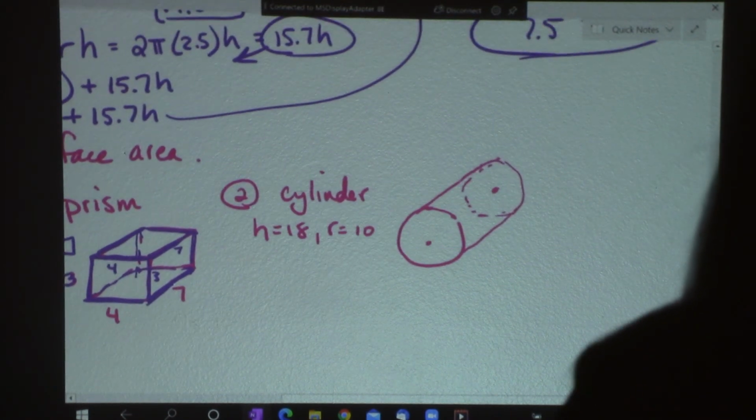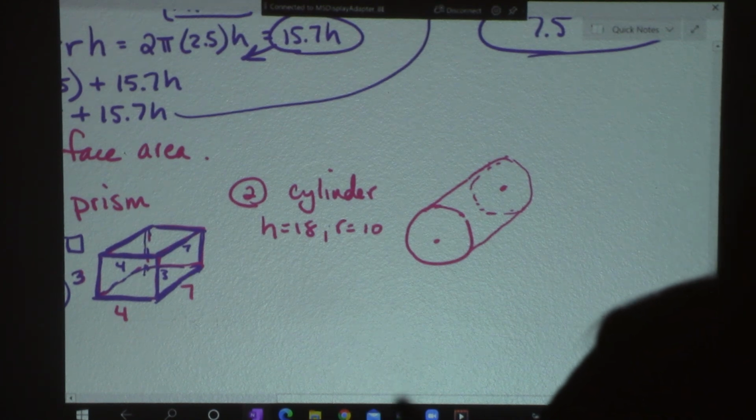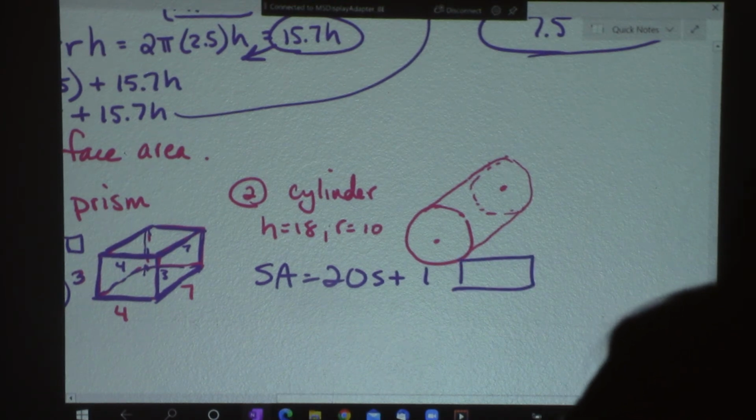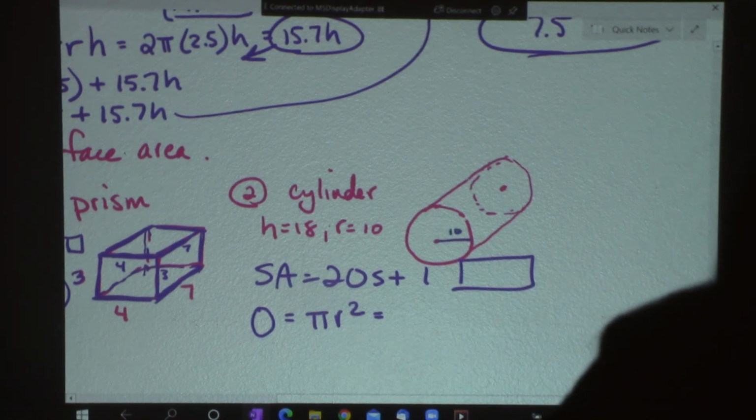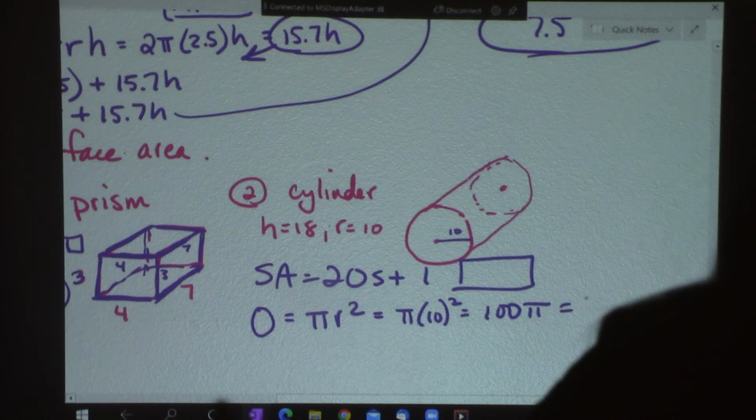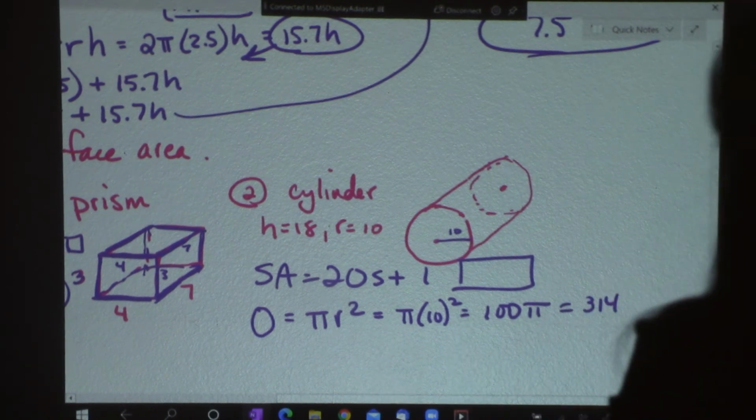Okay, over here, I'm going to have a surface area of 2 circles plus 1 rectangle in between. So each circle is pi r squared, which would be, let's see, I have a radius of 10. So that's going to be pi times 10 squared, which is 100 pi. And that works out to 314.